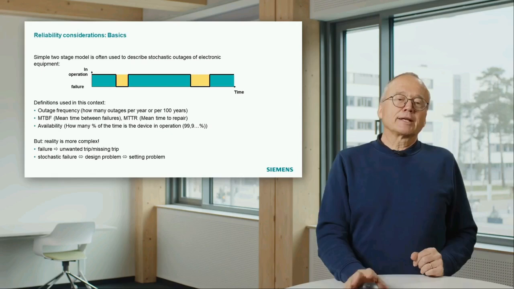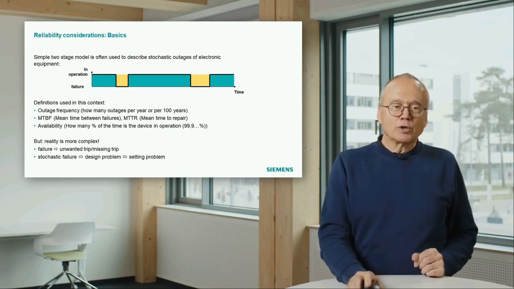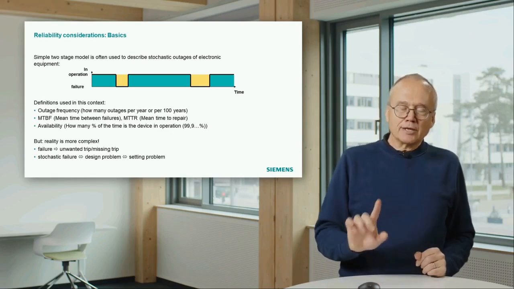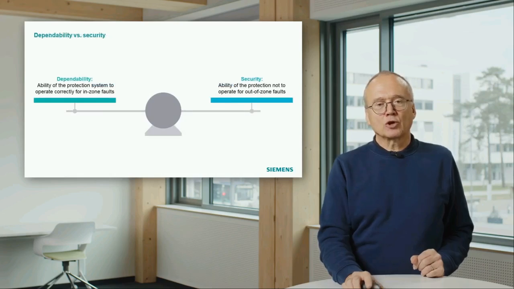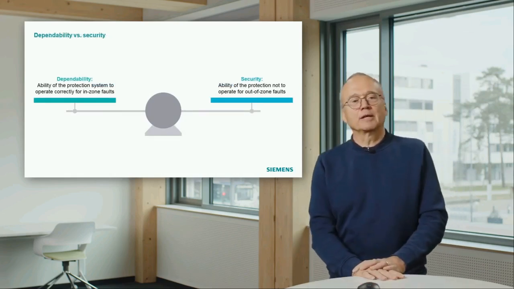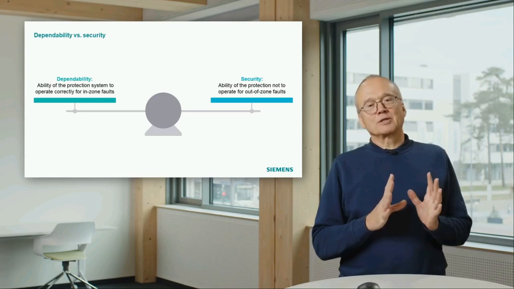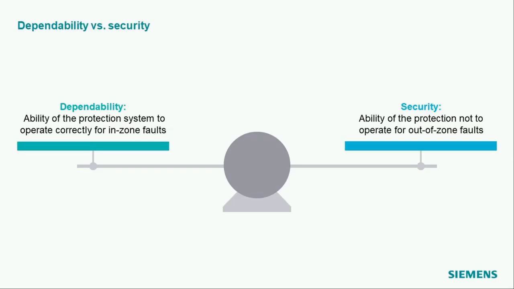Before we look into that a little bit deeper, I just want to introduce two terms in this context, unwanted trip and missing trip, that are two terms which are often used in protection, that are the terms dependability or security.